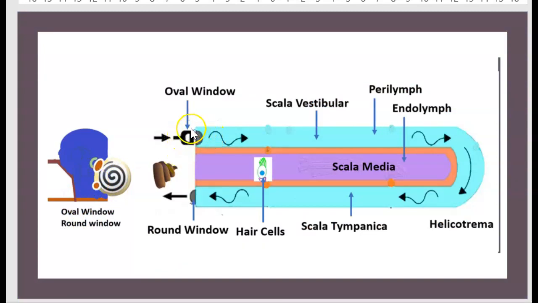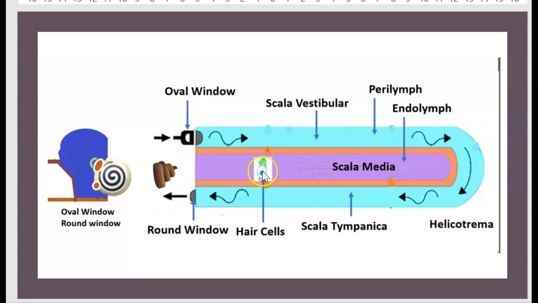Here is the oval window. This is the scala vestibuli, and this is scala tympani. Between scala vestibuli and scala tympani, there is helicotrema. Between both of scala, there is a scala media. Fluid is incompressible and transmits pressure into the round window.